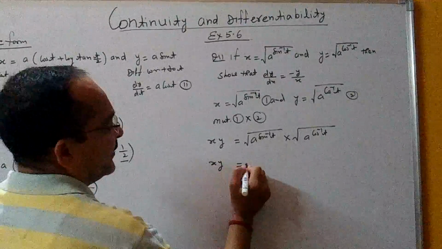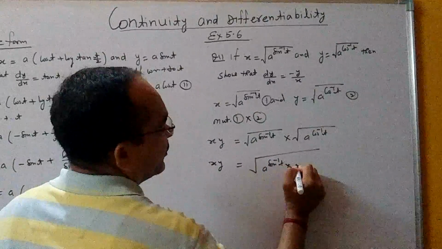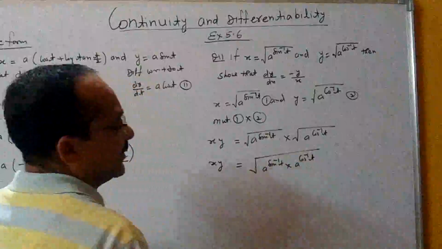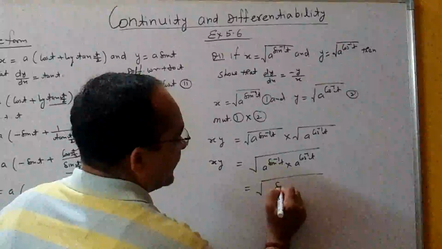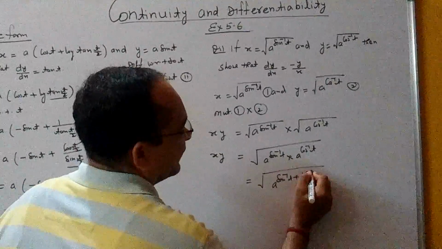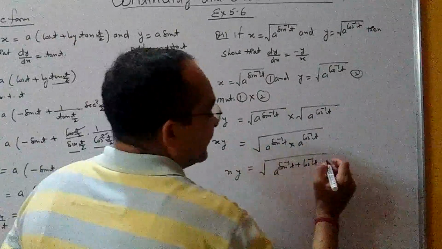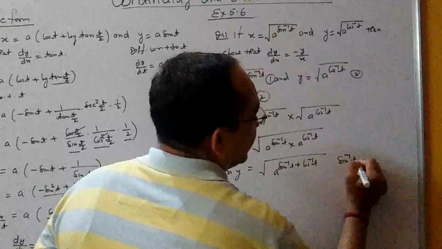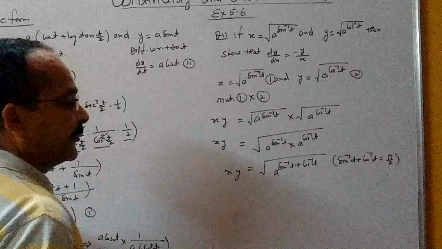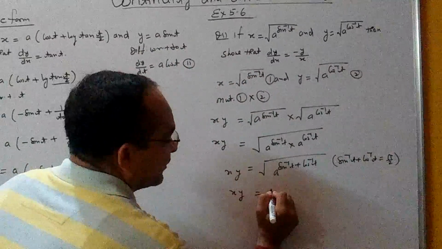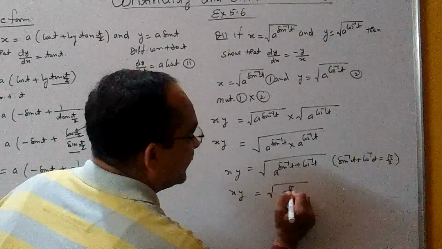If the base is the same, then the powers are added: a to the power sin inverse t plus cos inverse t. But we know that sin inverse t plus cos inverse t is equal to pi by 2. So xy is equal to under root a to the power pi by 2.